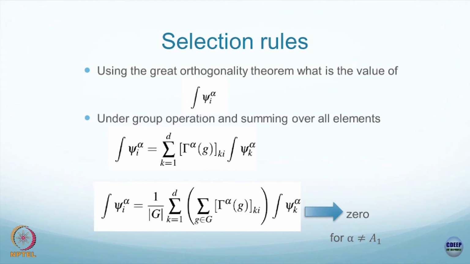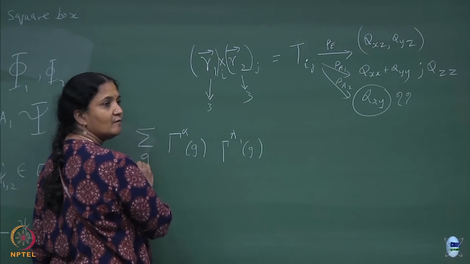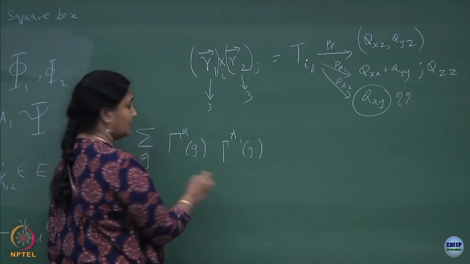Because the unit representation matrix elements are all 1, right. Are you all fine with that? You remember? So, you can take this gamma alpha of G, then gamma A1 of G, it is the same as that, summation over G, okay. So, it is exactly the same as that.